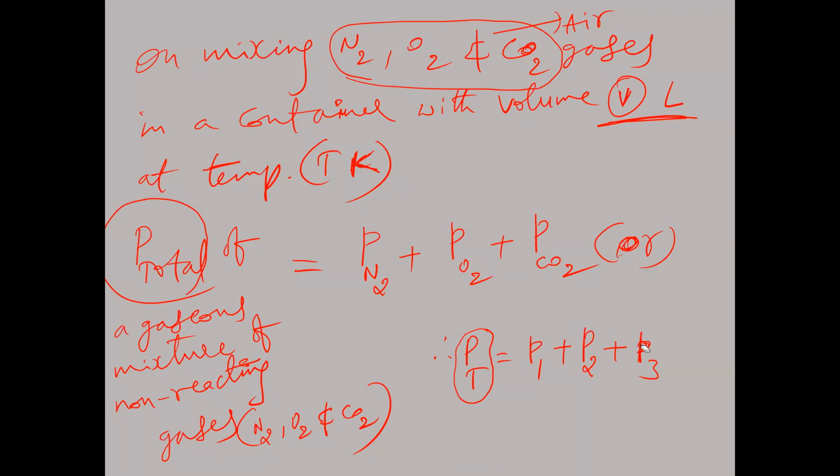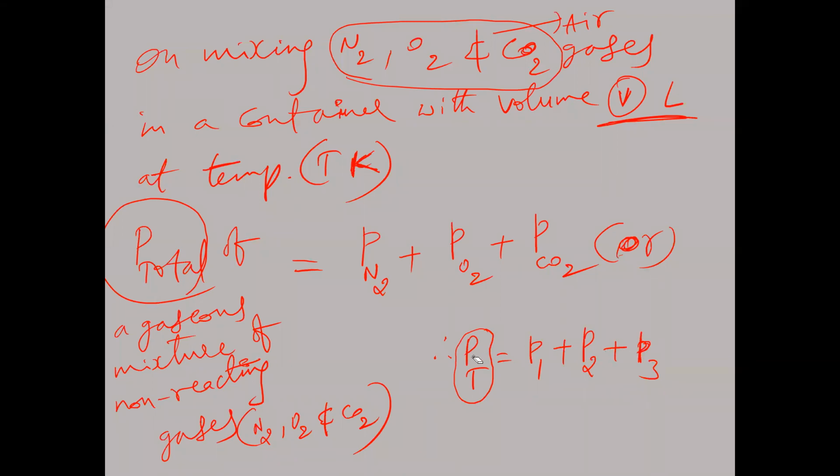Here, as we mixed three gases, we are taking the partial pressures of three gases. If you mix four gases in V liters, we take P1 plus P2 plus P3 plus P4. But we have mixed how many gases here? Totally three. Therefore, P total is equal to P1 plus P2 plus P3, meaning the first gas partial pressure plus the second gas partial pressure plus the partial pressure of the third gas.